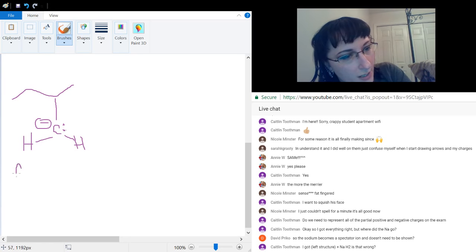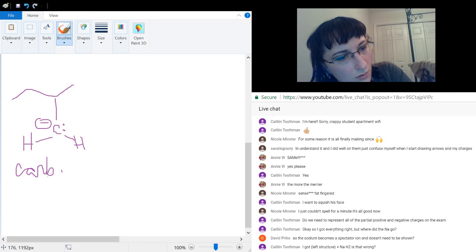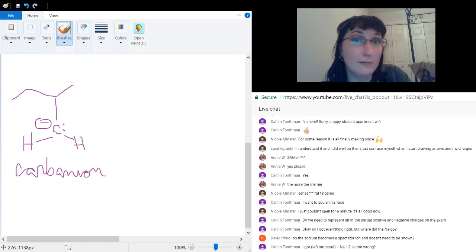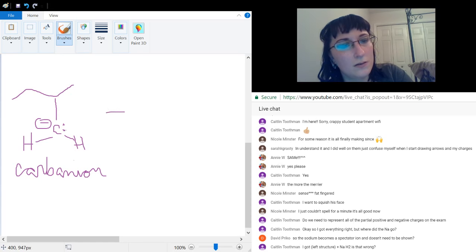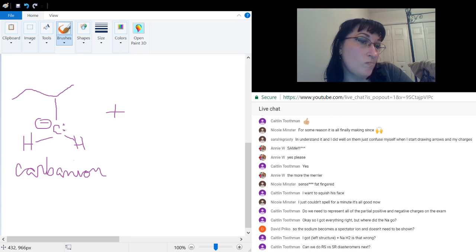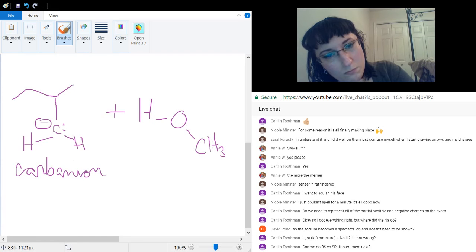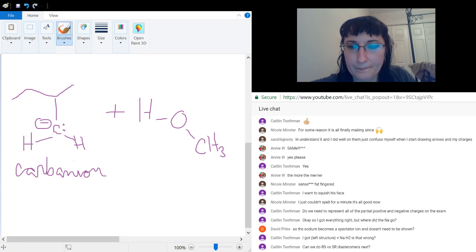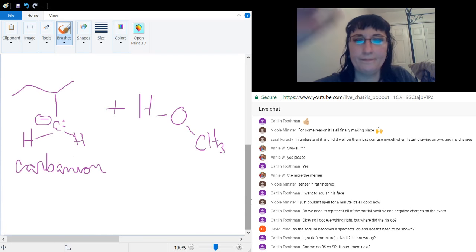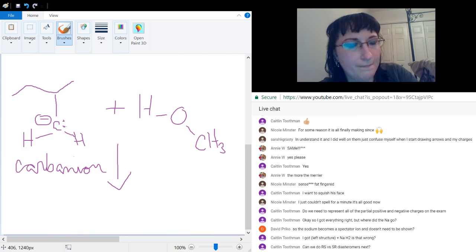This is called a carbanion, because it's a carbon anion. Carbanion. Let's put in methanol. Okay.